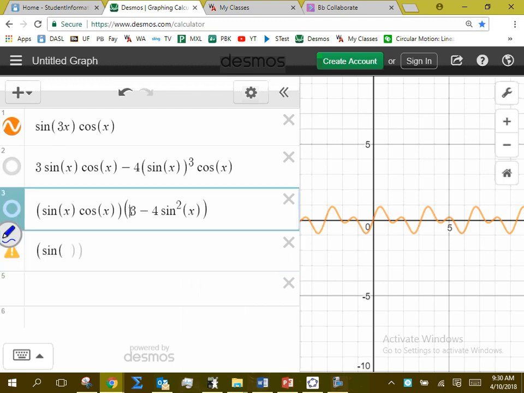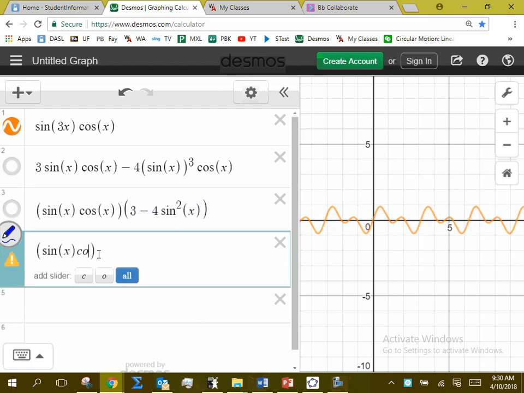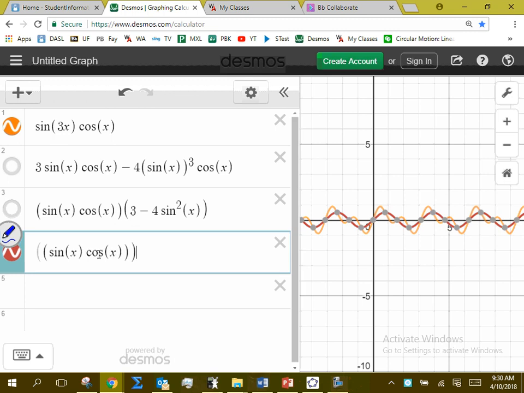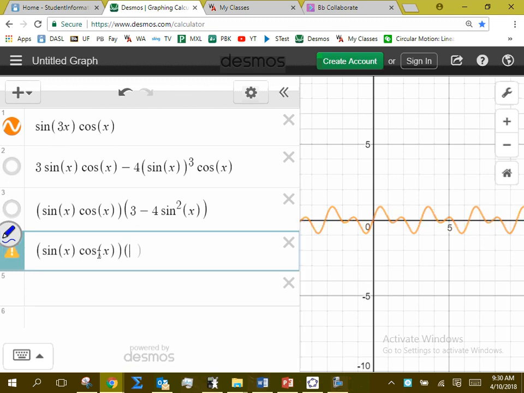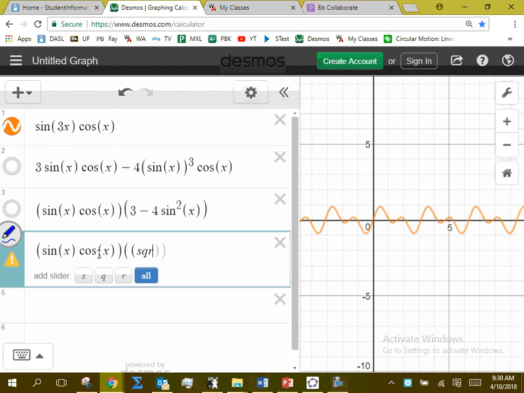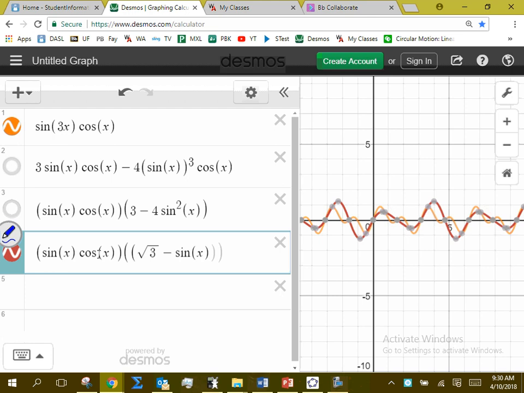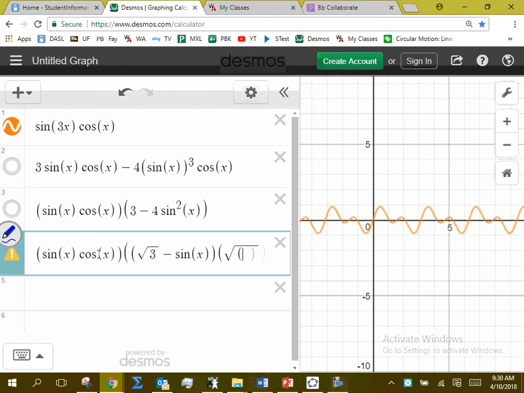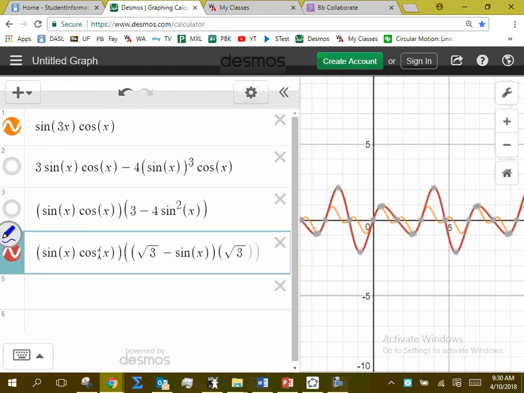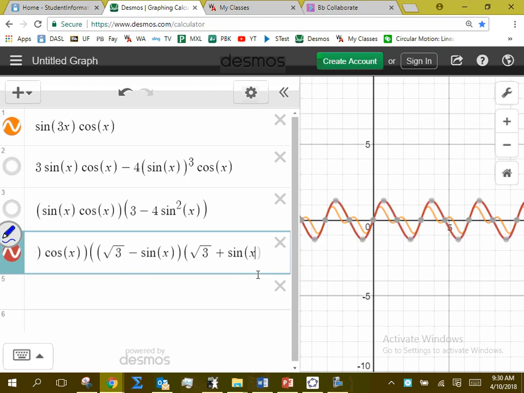Now this isn't necessarily a difference of perfect squares, but we can write it as one. We can do this. All right, that's cosine of x. Okay, let's see, and then we go the square root of 3 minus 2 sine of x. So make sure I get the right parentheses, and then we go square root of 3 plus 2 sine of x.